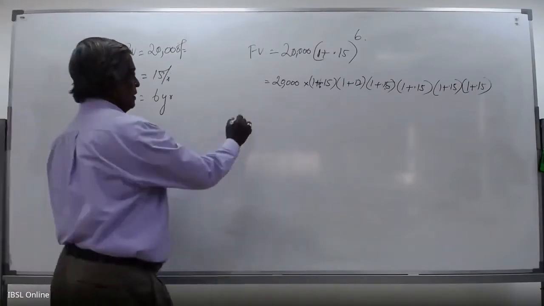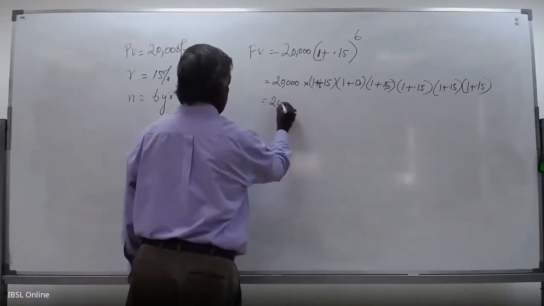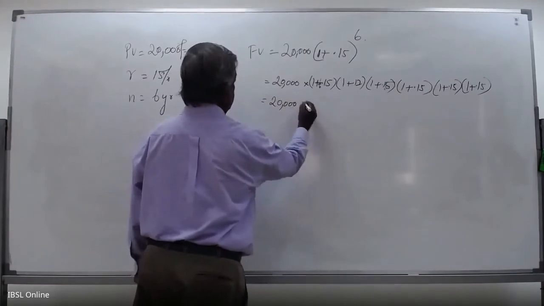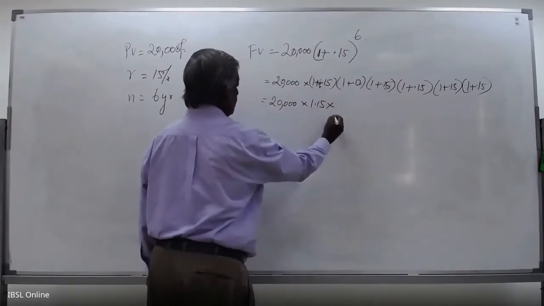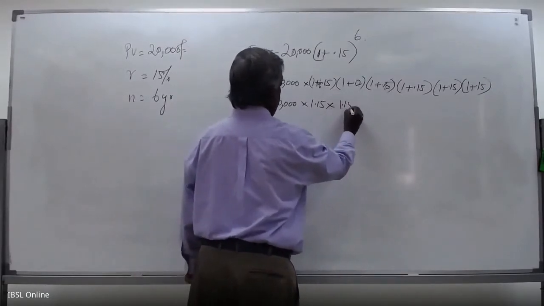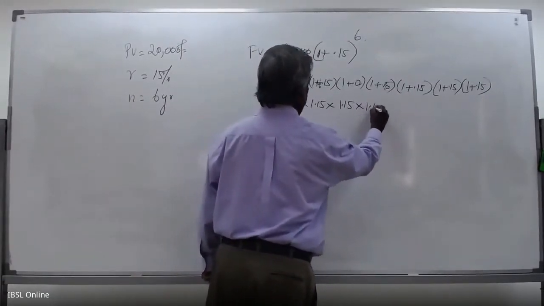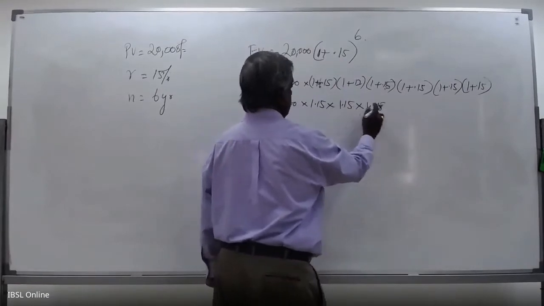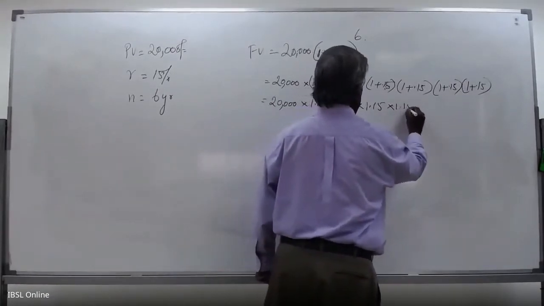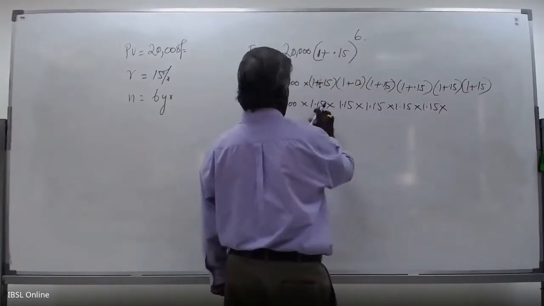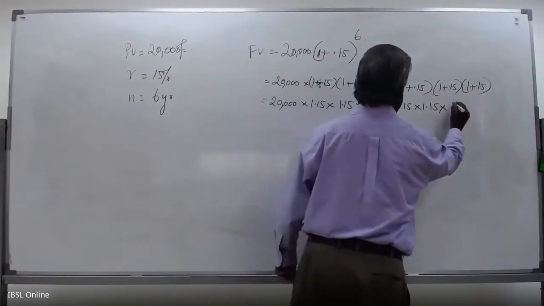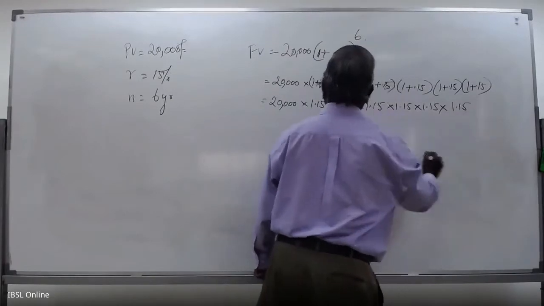This is equal to 20,000 into 1.15 into 1.15 into 1.15 into 1.15.